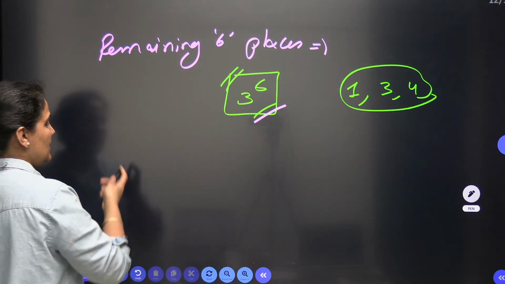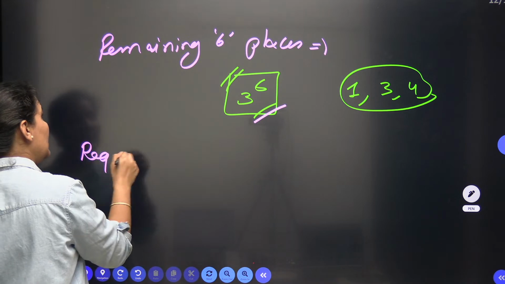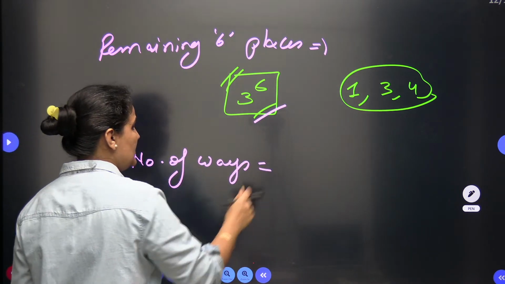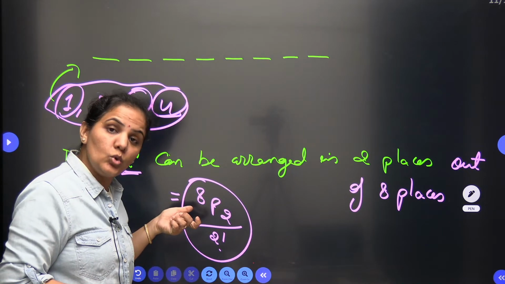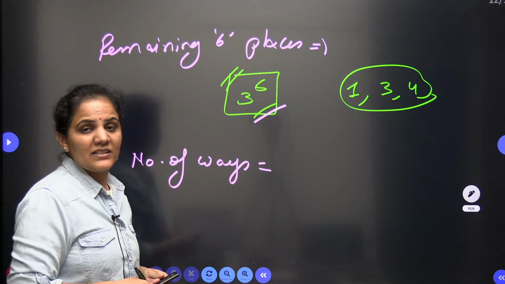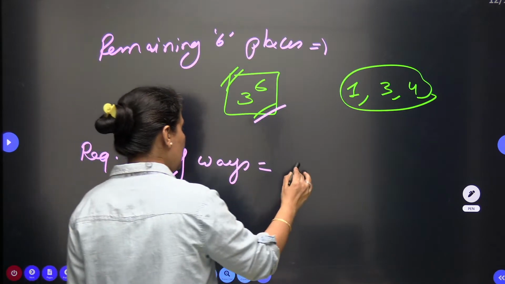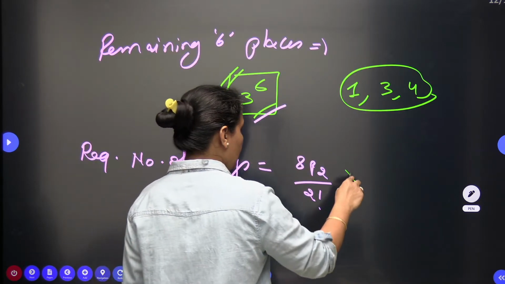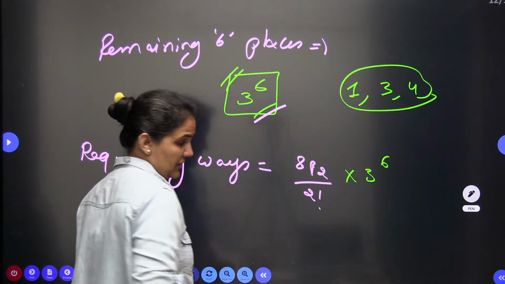So now the total required number of ways is, we need to arrange the number 2, 2 times and the remaining 6 digits also. So it will be 8p2 divided by 2 factorial multiplied by 3 power 6.